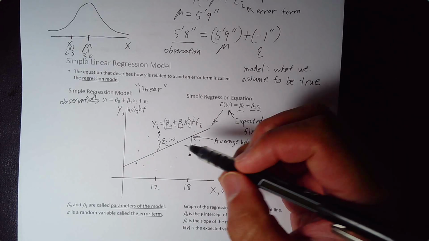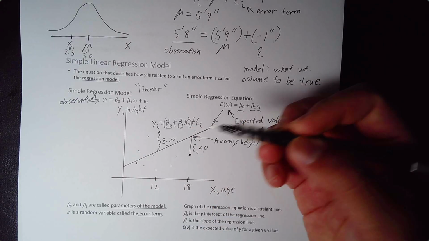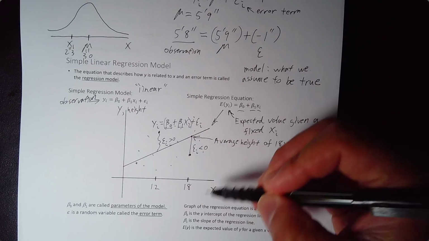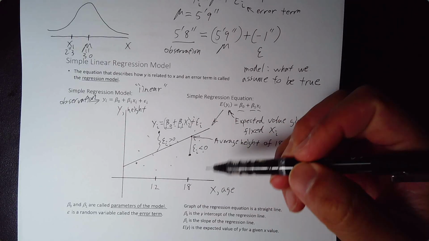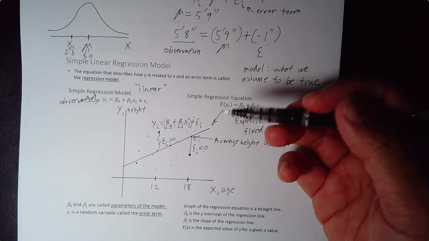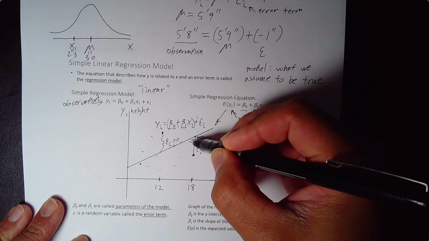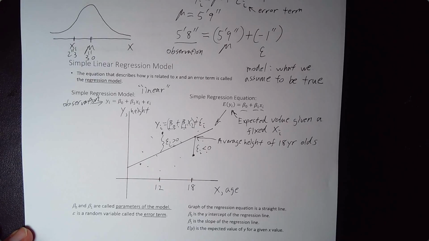Because if we can figure out what beta 1 is, then in this context, beta 1 will represent how much taller each person gets as they age 1 year, because beta 1 is the slope of this line. All right, so that is our simple linear regression model.